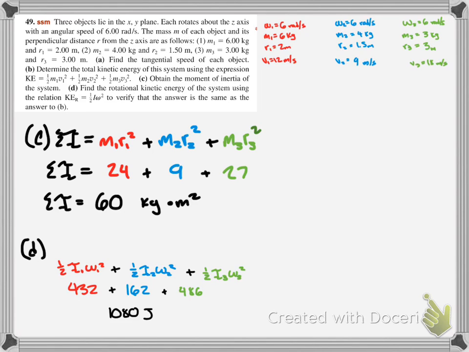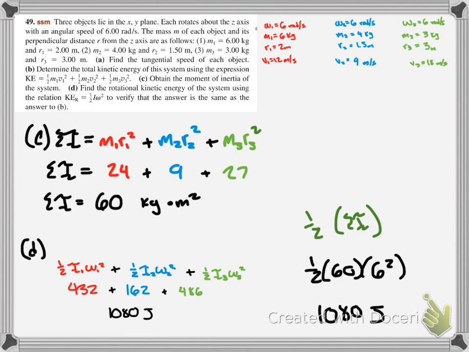joules. The other way you can solve it is, since you already know the total inertia for the system and you know that all three objects go at 6 radians per second, you just plug in half of 60 times 6 squared, and you still get 1080 joules, because that is half of the net inertia, which is this one, times the omega squared, which is 6.